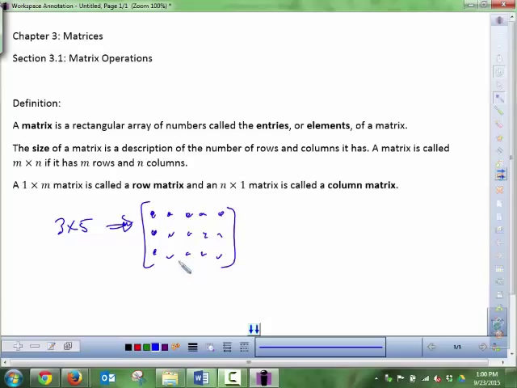It's important to identify the size correctly, and we'll see why this is important, especially for matrix multiplication, where the sizes of the matrices have to agree.